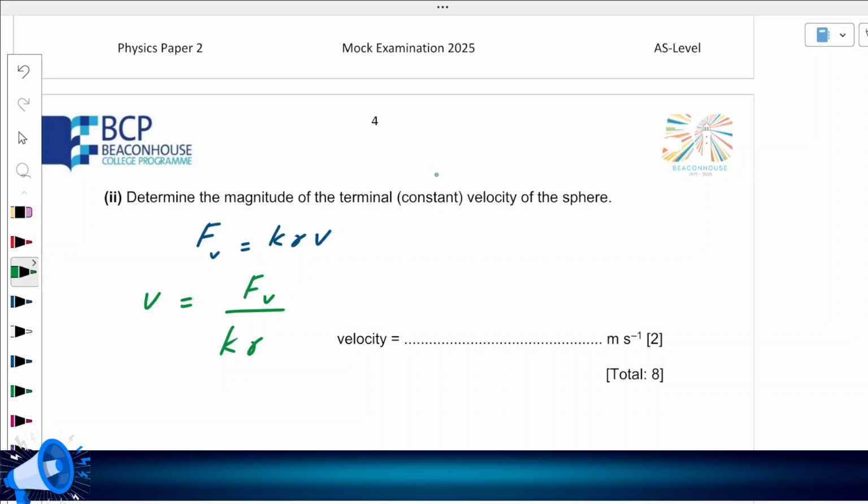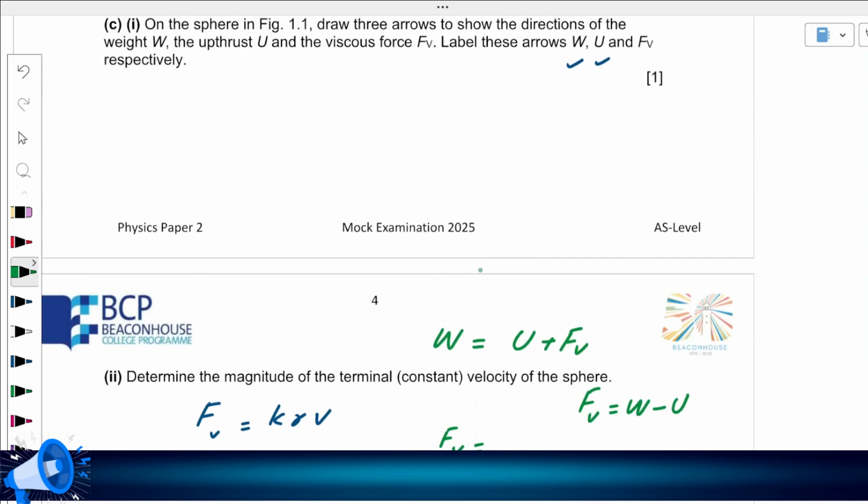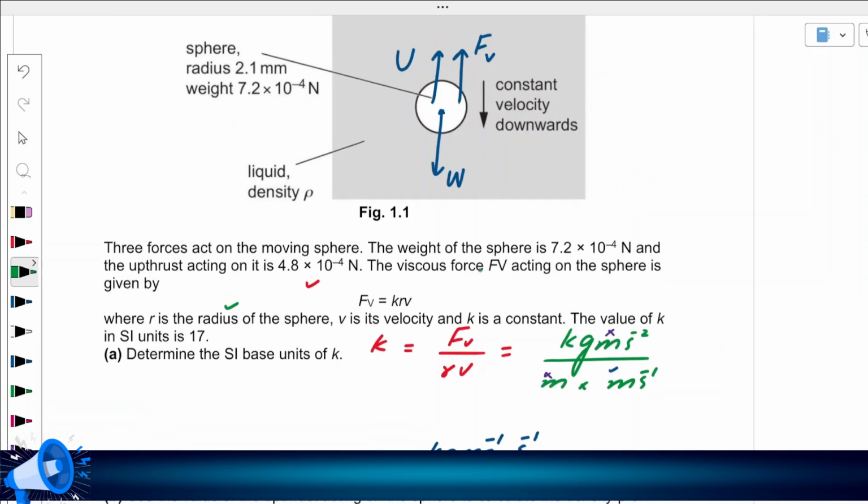So the sum of downward forces should equal the sum of upward forces. These two forces were upward, upthrust and drag force. I need to find the drag force, so that equals weight minus upthrust. So weight was how much? 7.2 times 10 to the power minus 4.